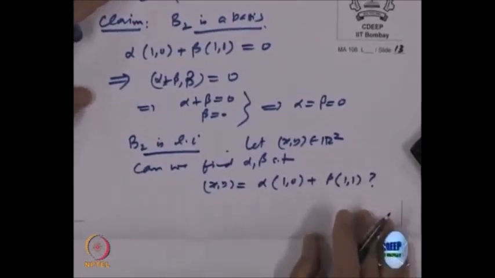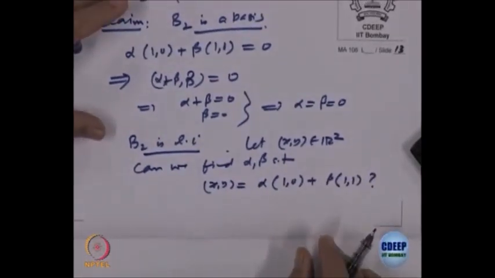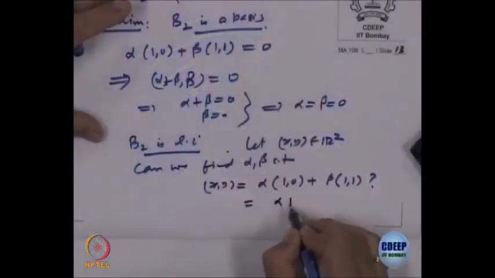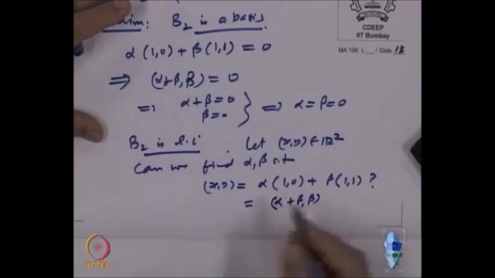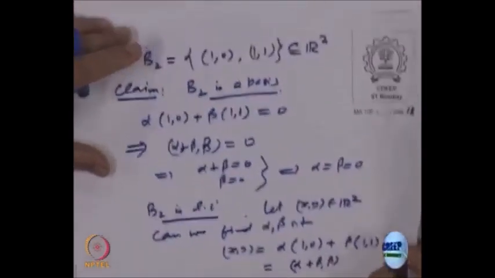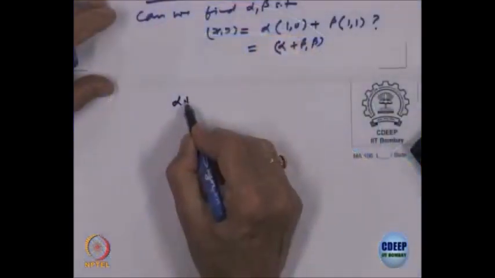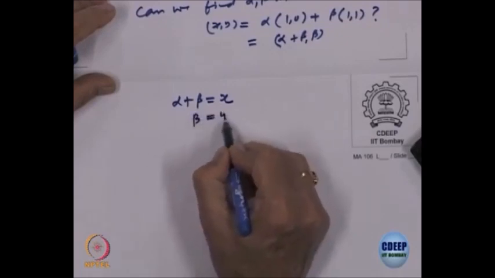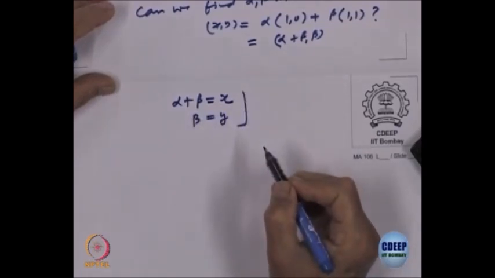If I can find them, then (x, y) will be a linear combination of these two. That is (alpha plus beta, beta), so this is the same as saying that alpha plus beta is equal to x and beta is equal to y.